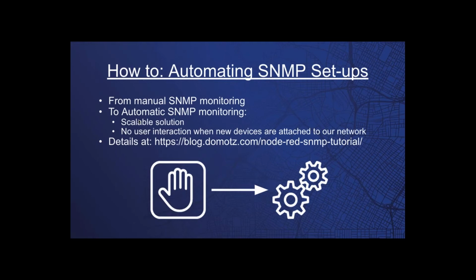And the idea in this presentation is to suggest a methodology that you can apply to automatically add this SNMP sensor. And as said by JB, you can also find the details of all this presentation in our blog on the Domotz website.